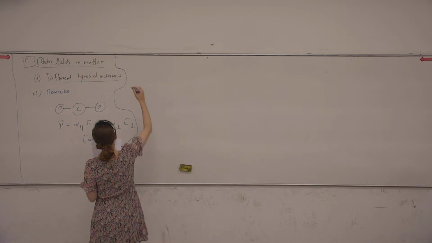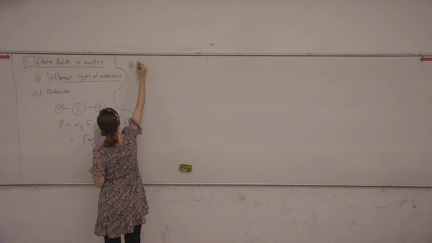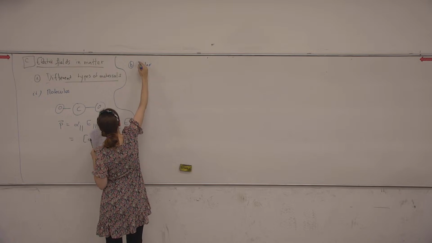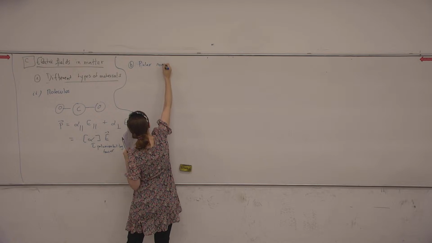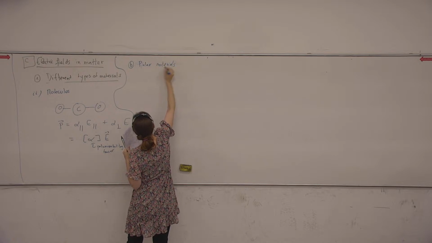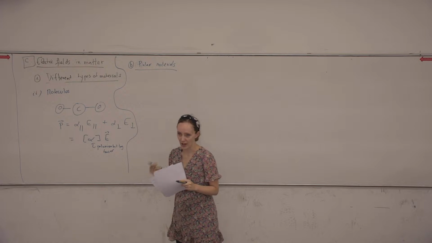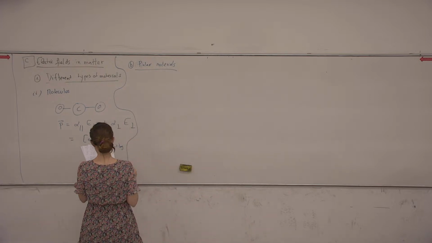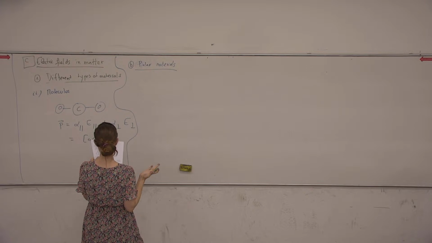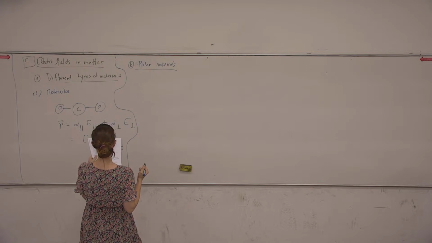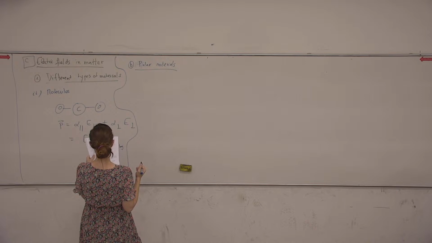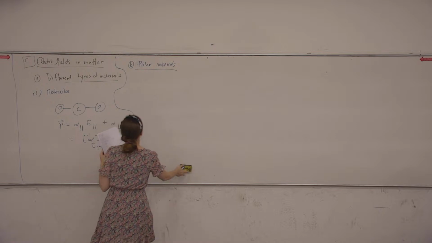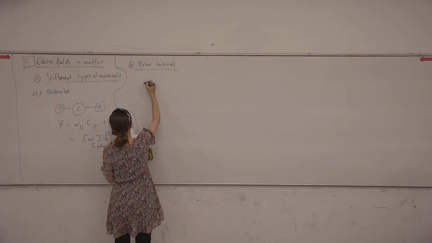Now polar materials are similar in the sense that they also don't have any net intrinsic dipole moment on average, but the polarization appears because of rotation. It's slightly more complicated than this.